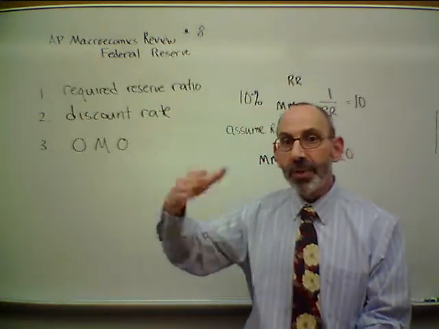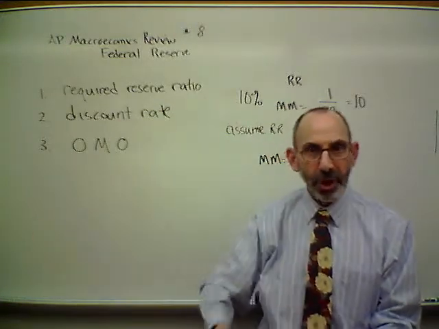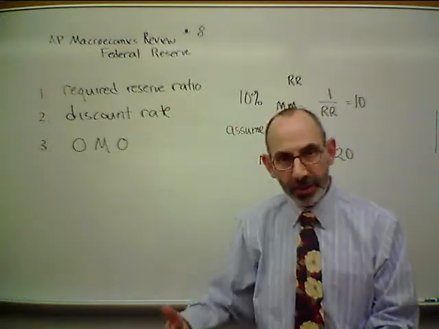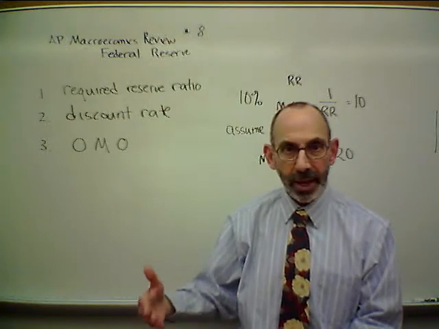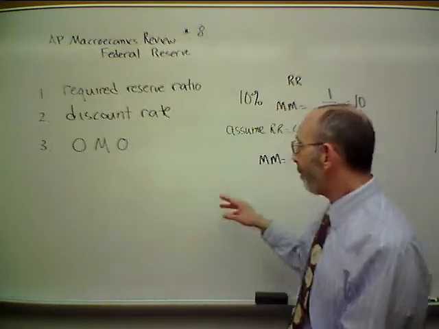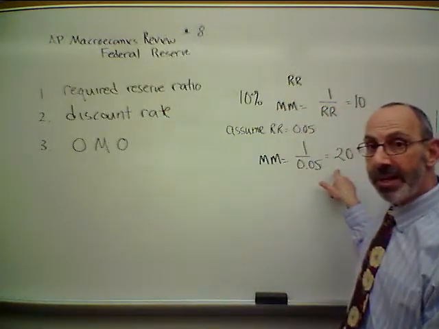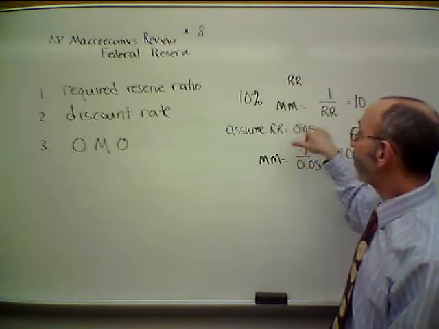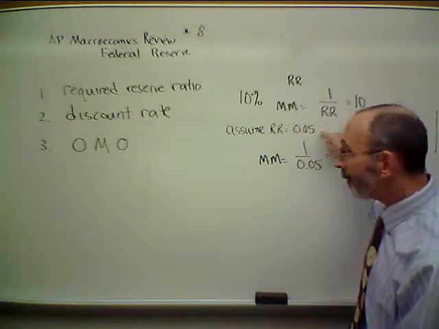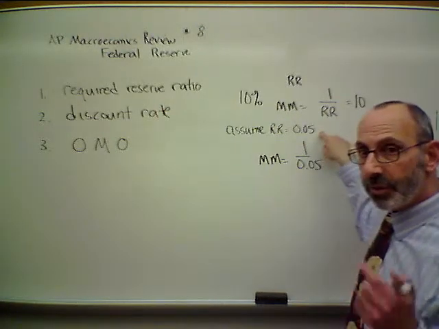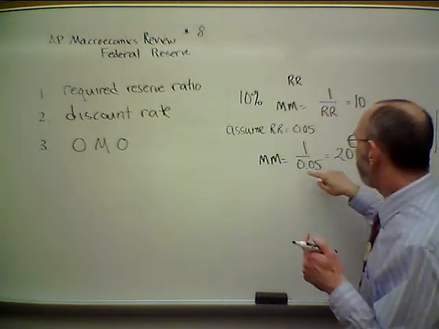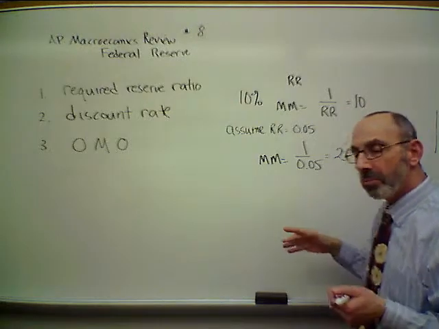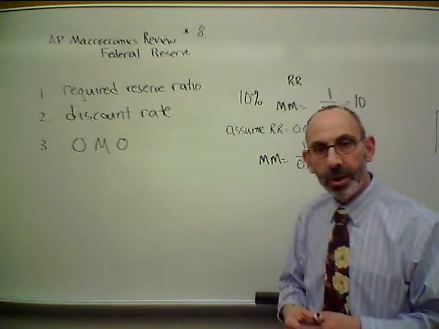If more of it can be used and more of it is recycled through the expansion of the money supply, as we saw in the last lecture, in that case, there ought to be a greater expansion of the money supply through this little formula, and that's what we do see. When it goes down to 5%, the limitation is smaller than it was before, so the total expansion will be greater. Not a bad tool.